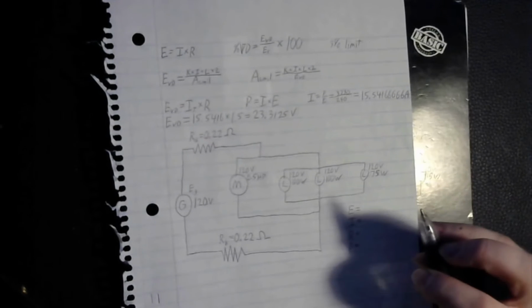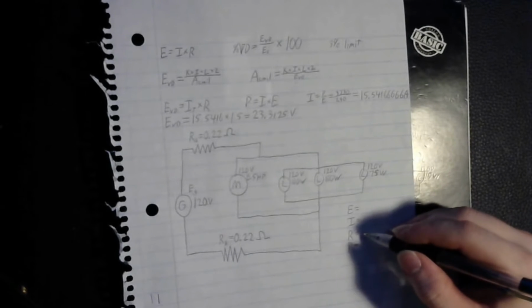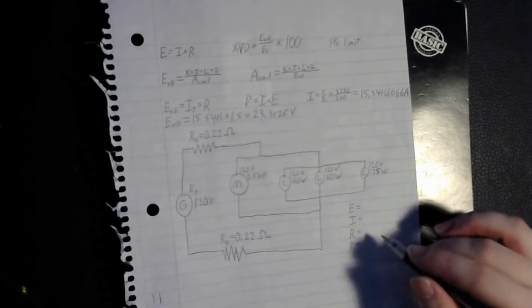And let me double check what that equation was again. Okay, so the equation you can use to get the resistance of your load is the voltage squared divided by the power.